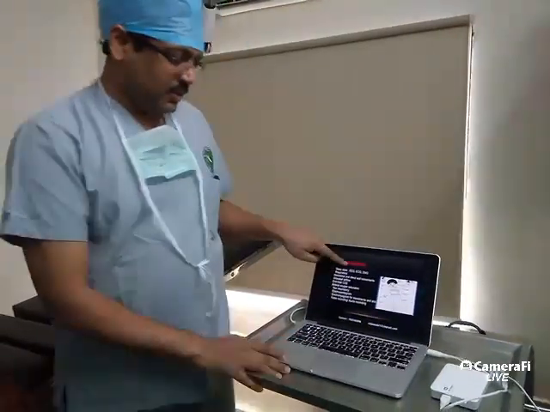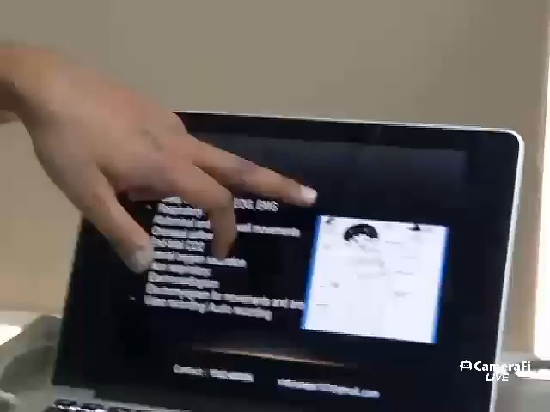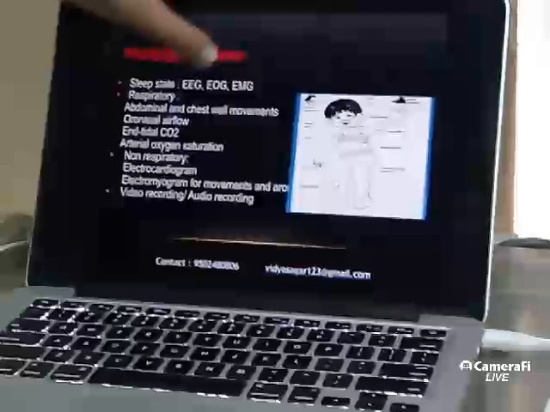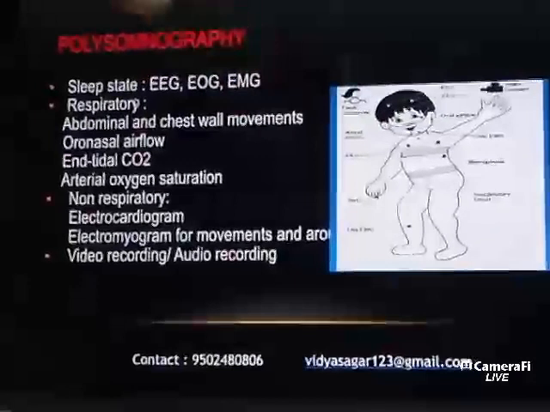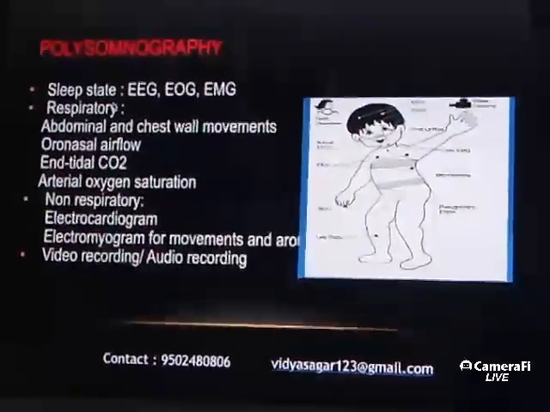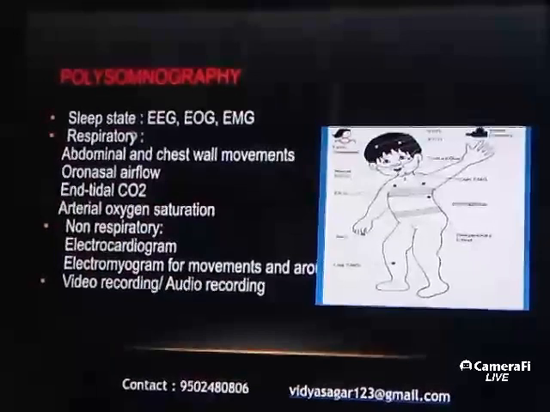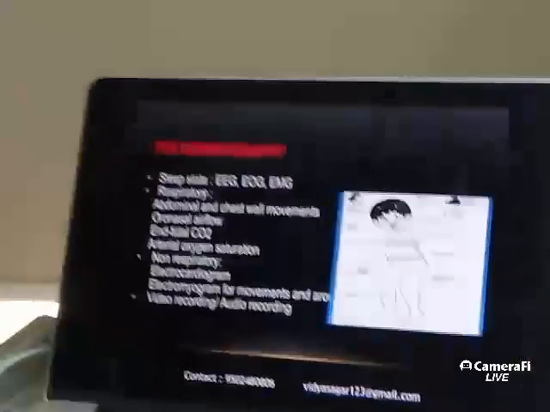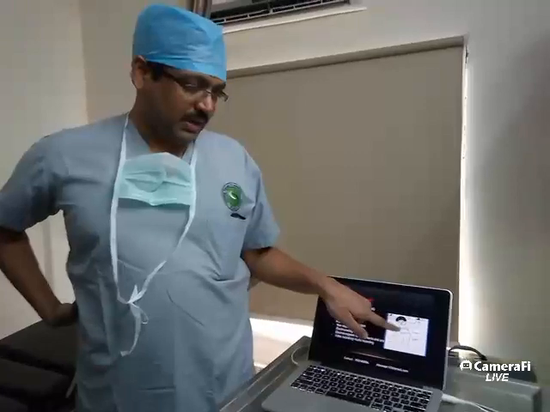Patient will have EEG, and then we will have an EOG, and we will be doing an EMG of chin, EMG of anterior tibialis for periodic limb movements or restless leg syndrome. We also have respiratory channels like nasal airflow, oral airflow, and chest belt and abdominal belt.